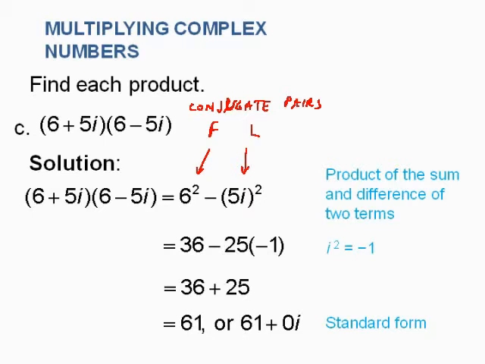And what happens is you get a real number because the i's will go out. You'll have 0 i's in the answer, so you'll get 61 or 61 plus 0i. And this always happens whenever you multiply complex number conjugates. So something to keep in mind as we progress.